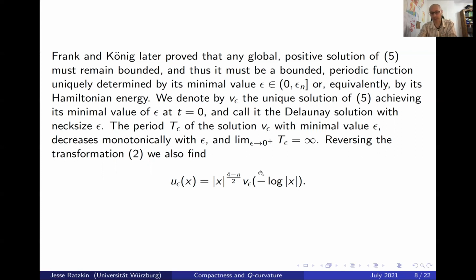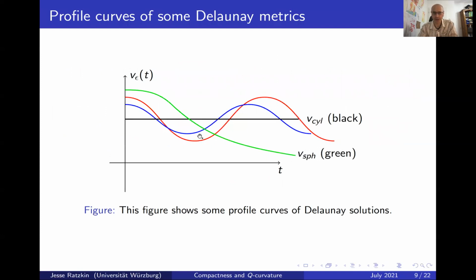If I reverse my cylindrical transformation, I now obtain a solution in punctured Euclidean space, R^n minus the origin, and the formula for this solution is u epsilon of x equals the length of x to the power (4 minus n)/2 times V epsilon of minus log of the length of x. So here I've drawn some typical profiles.